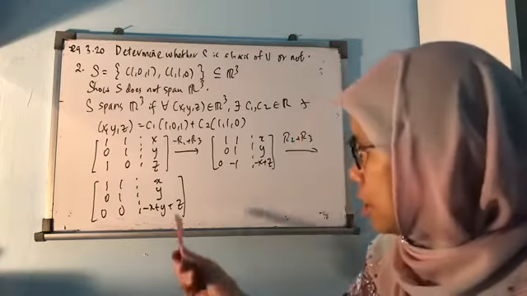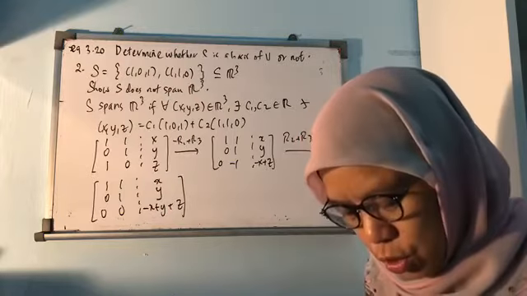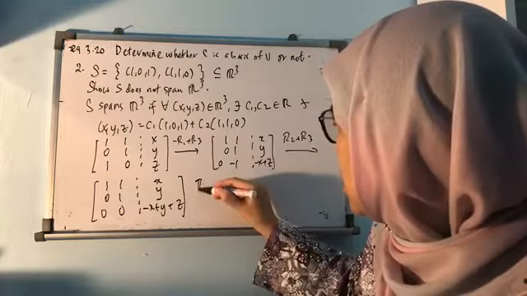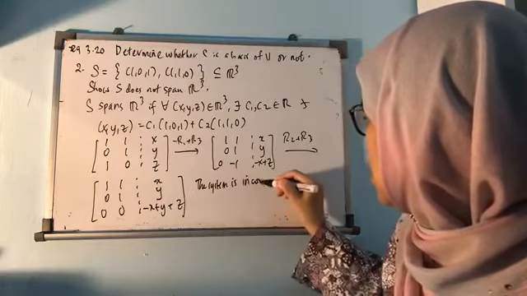I just mentioned that you have to show this is inconsistent. So thus the system is inconsistent.